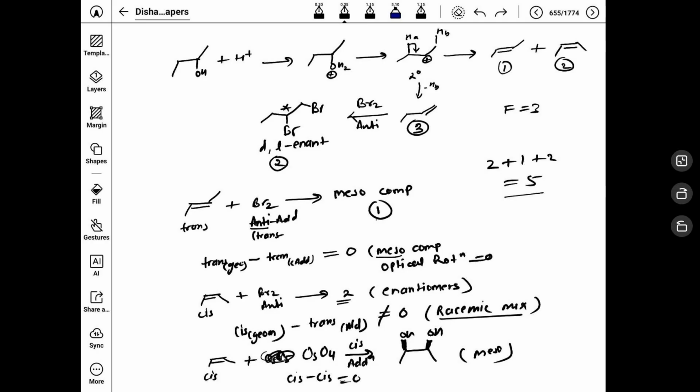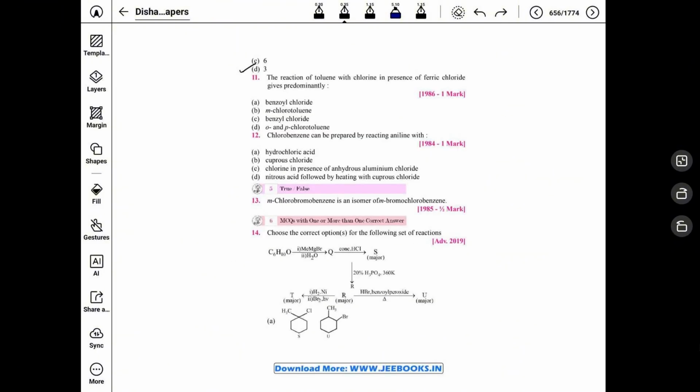Now let's move forward. Moving to question number 11. The reaction of toluene with chlorine in the presence of ferric chloride gives predominantly. So this reaction is the example of electrophilic substitution reaction. So this is the structure of toluene, and when you react with the chlorine in the presence of FeCl3, it generates Cl positive as electrophile, and this electrophile attaches to the benzene ring.